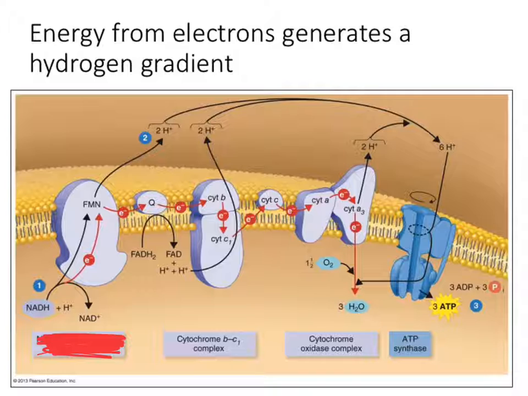So NAD is being oxidized, loss of electrons. This complex 1 here is being reduced. What kind of enzyme is this complex? Don't think too hard. Kinase, dehydrogenase, isomerase? It's a dehydrogenase. The other name for this is, in fact, NADH dehydrogenase.